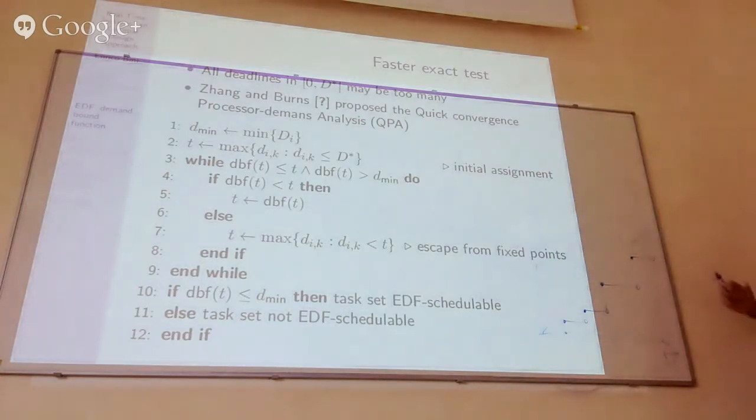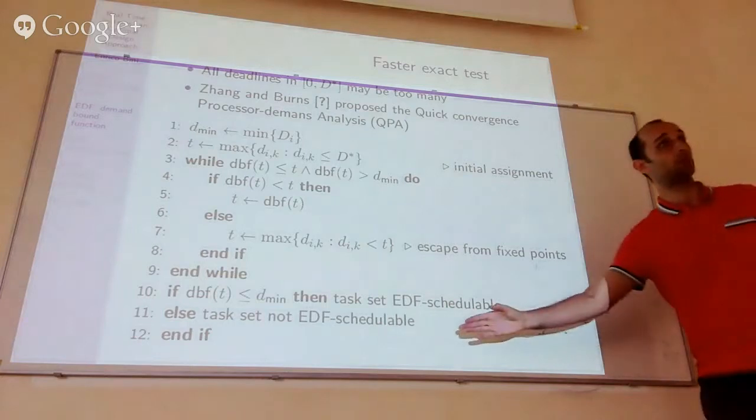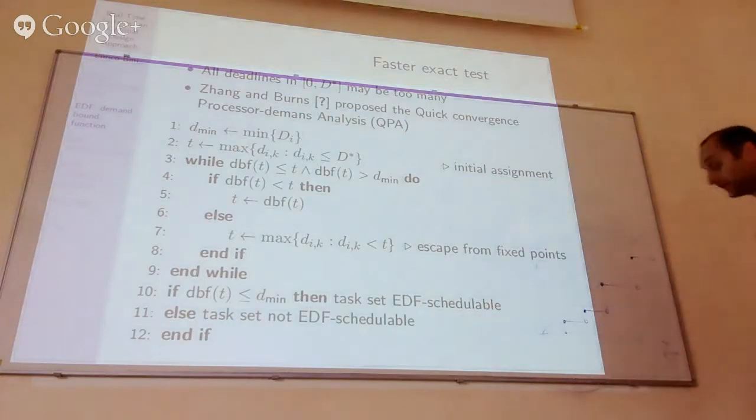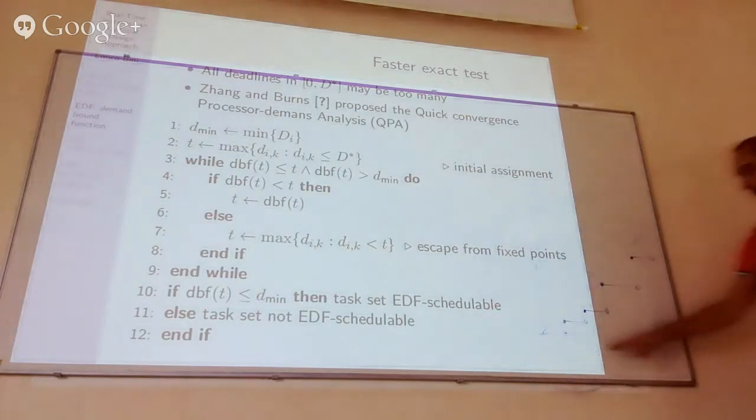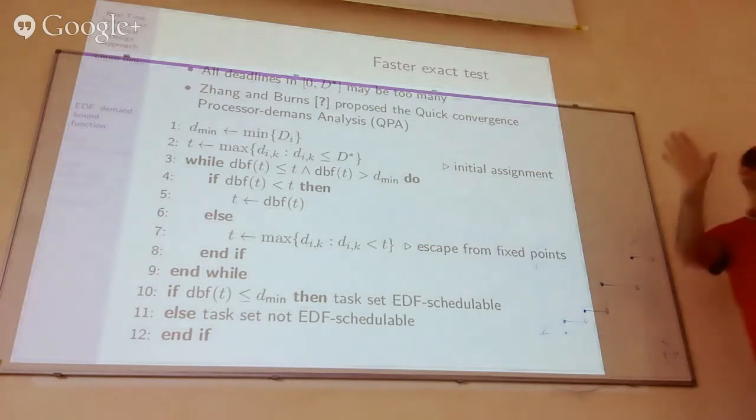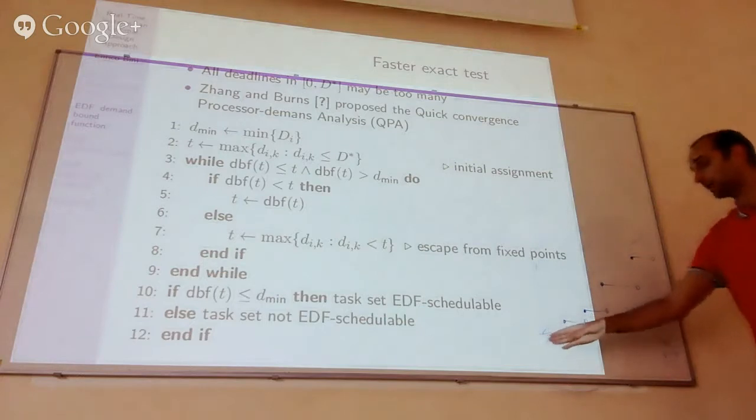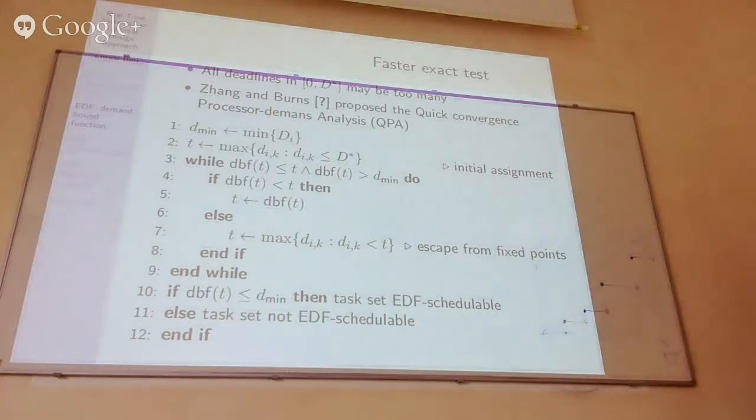Okay. What does the test say? Well, the test says start from this D star and go backward in time. The goal is always to check, because for other reasons we know that for T larger than D star, the DBF is below T, so we are not interested in that. So we're interested in T between 0 and D star.